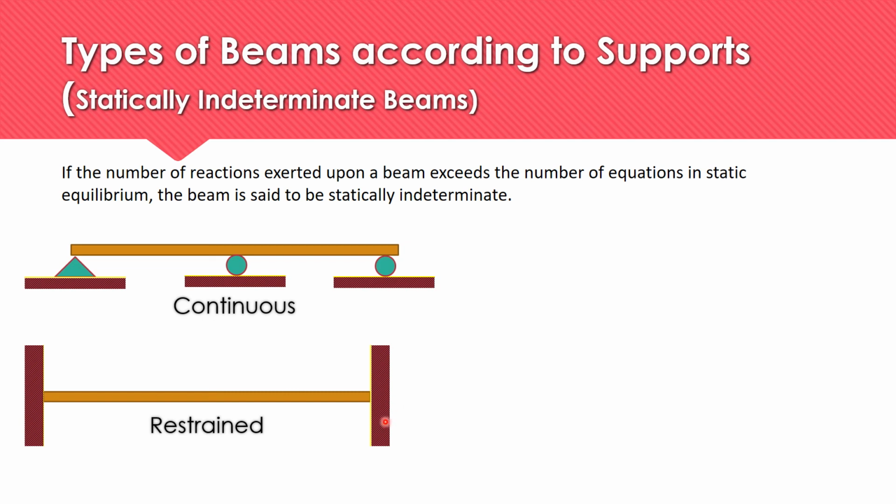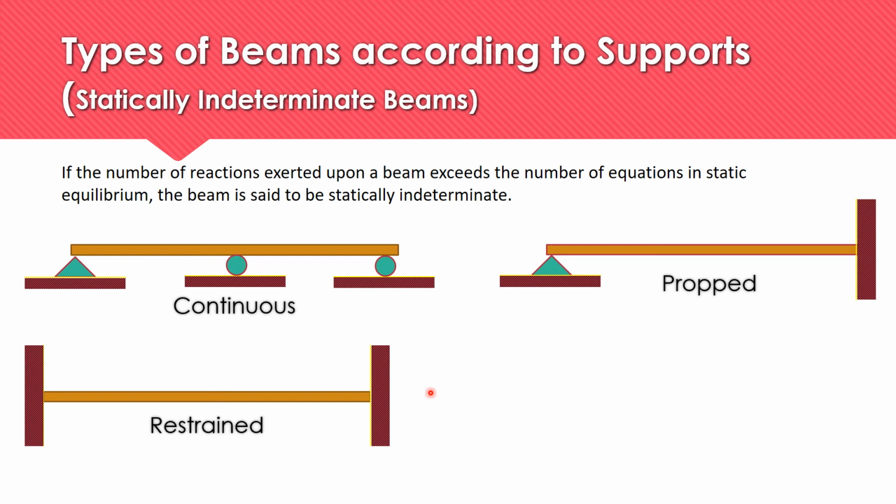So we have here 6 reactions. Kasi bawat fixed support ay merong vertical, horizontal, and a couple. So kung sa kabila, ganun din. So we have a total of 6. Pero kung bibilangin natin yung equations of equilibrium, maybe we can have summation of moments, summation of vertical and horizontal, pero kukulangin pa rin yung equation. So we will need additional equations for this.